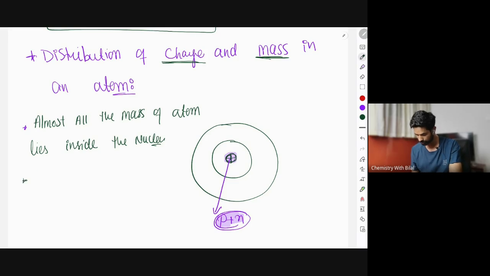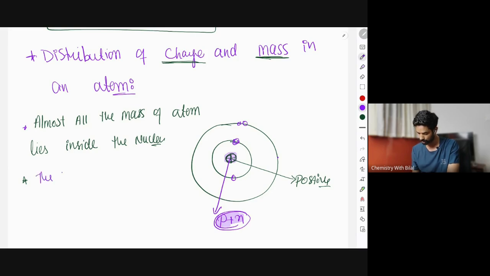What about their charges? The charge is distributed in such a way that the positive charge is present inside the nucleus in the form of protons, and the same amount of negative charge is distributed in the shells, right?